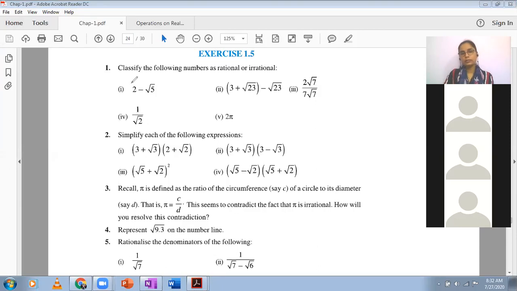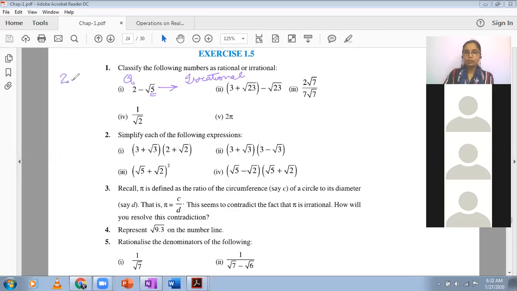So if I look at this, this is a rational number, and I will not be using R for rational, rationals are represented by Q. This is an irrational number, and the difference of a rational and an irrational is always irrational. I have actually taken an example.